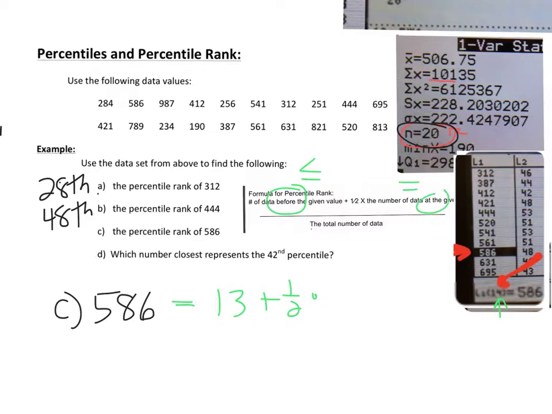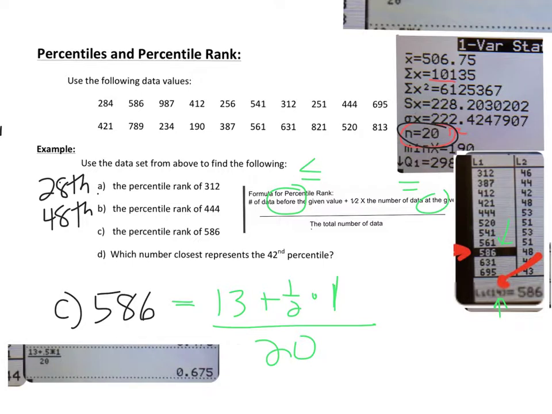And once again it looks like there's only one 586 in the list, so we're going to go 13 plus 1/2 times 1, divided by the total number of data, which in this case is 20. So then do that on your calculator and take a picture of this. 13 plus 0.5 times 1 over 20.